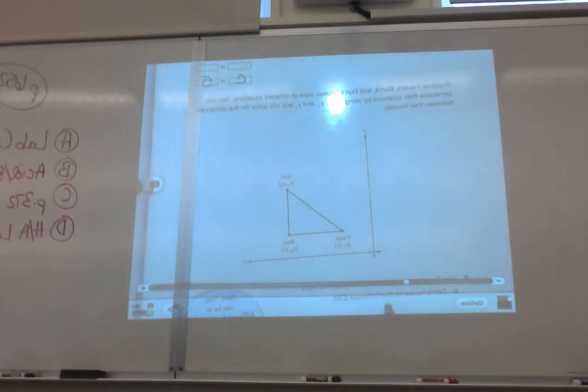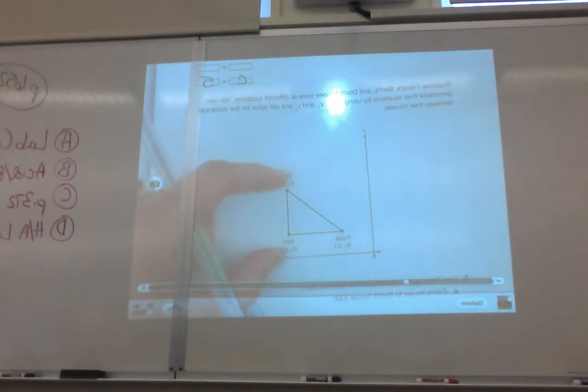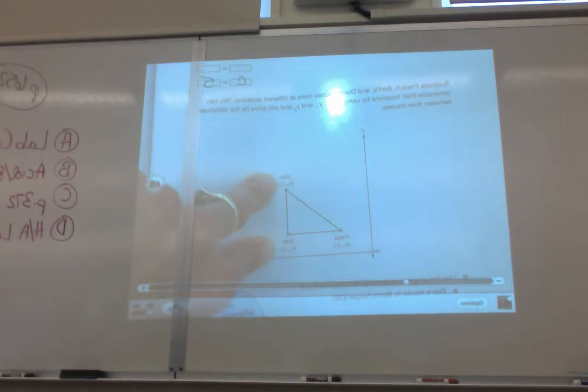Dawn's house to Bert's house. So I'm looking at these two houses first. Look at the coordinates. Which of the two coordinates is exactly the same? They're both Dawn and Bert. So the x or the y, which of the two is exactly the same? The x's. X's are the same here. So if we're going to figure out how far apart are they, what are we going to subtract?